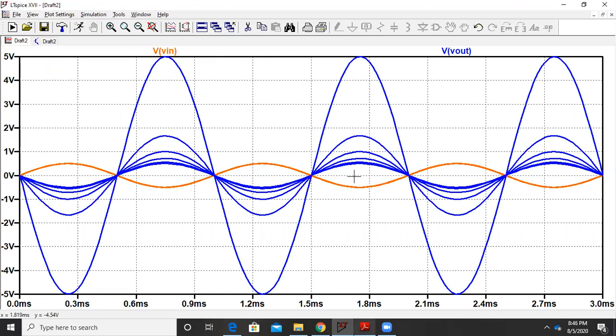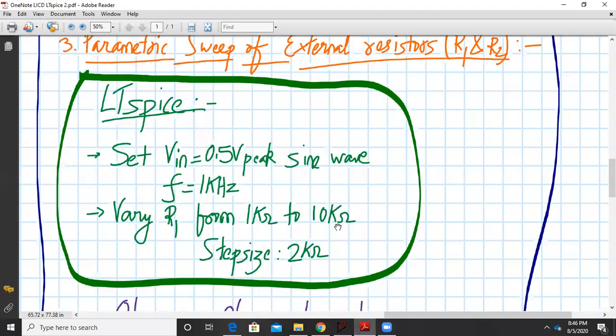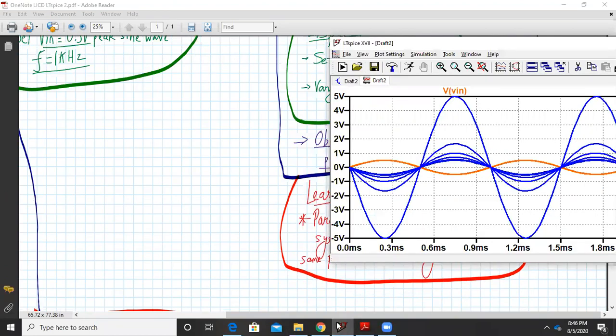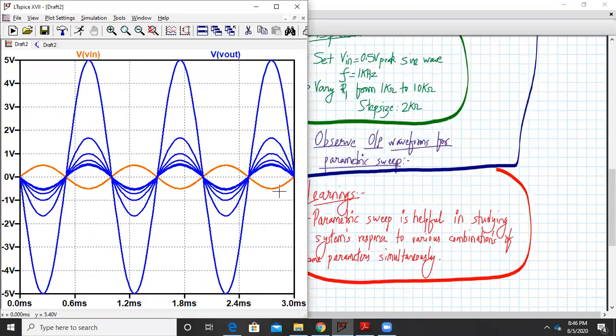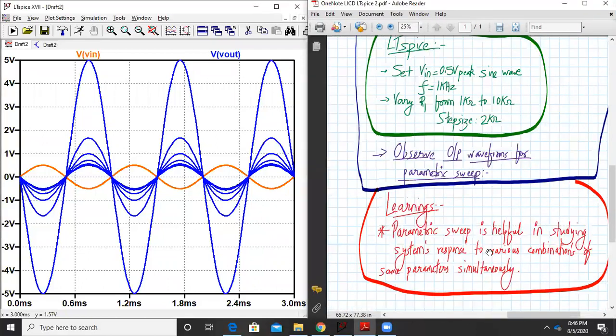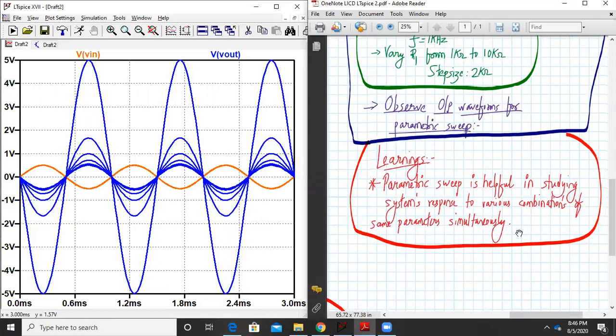So what's the advantage of such a parameter sweep? We'll observe the output waveform for the parametric sweep. This is the output waveform for that parametric sweep. So what do we learn over here? The parametric sweep is helpful in studying the system's response to various combinations of the same parameters simultaneously.